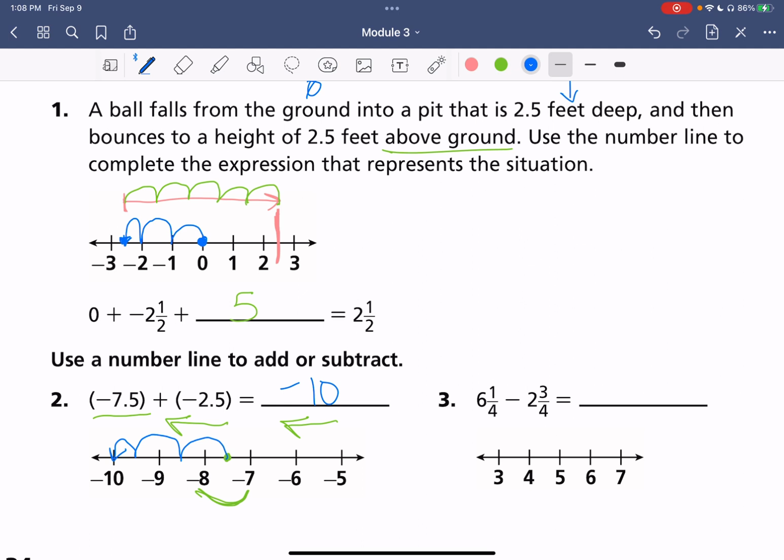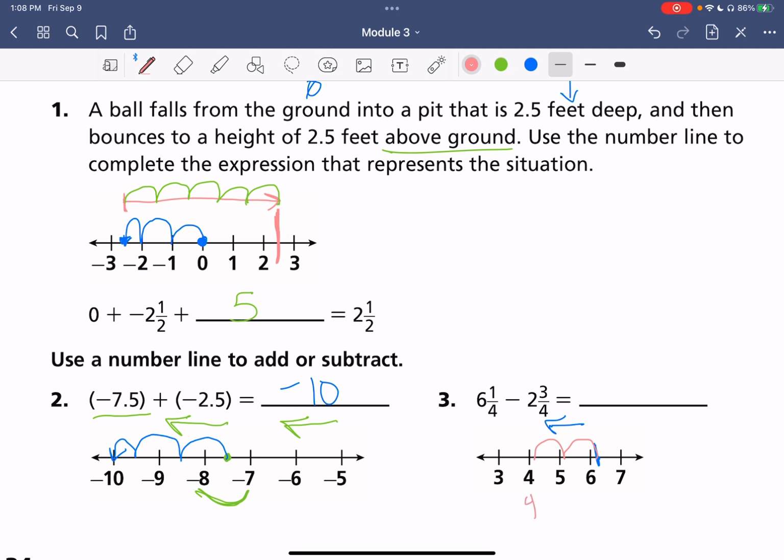Pause the video. Unpause it when you're good to go. All right, so now we're starting at 6 1/4. And we're subtracting. So we're going to be going, again, down our number line. Subtracting 2 3/4. So 1, 2.